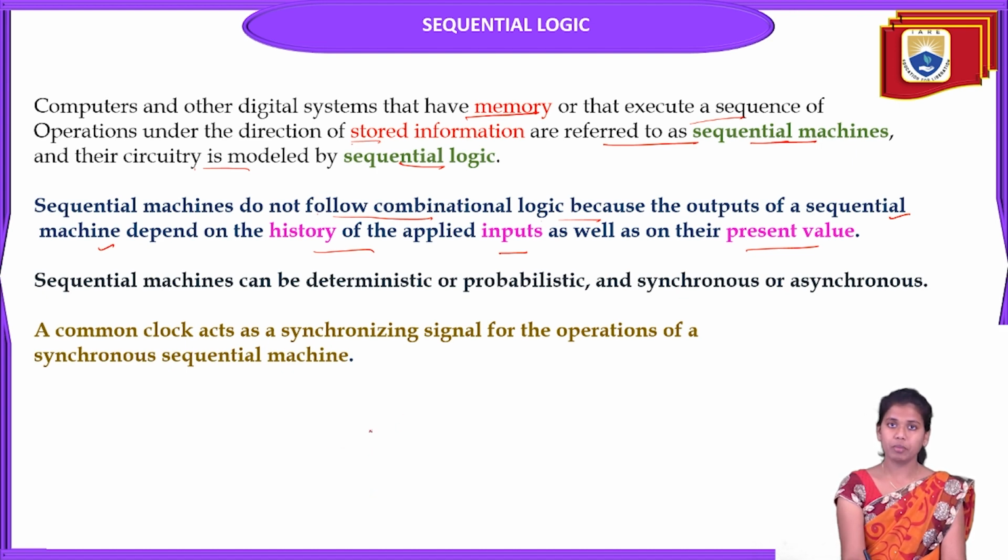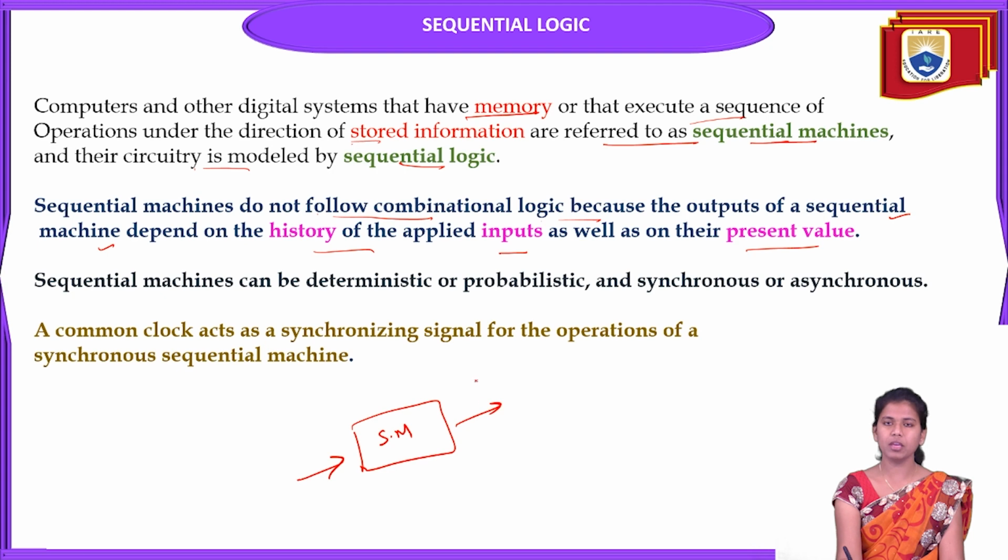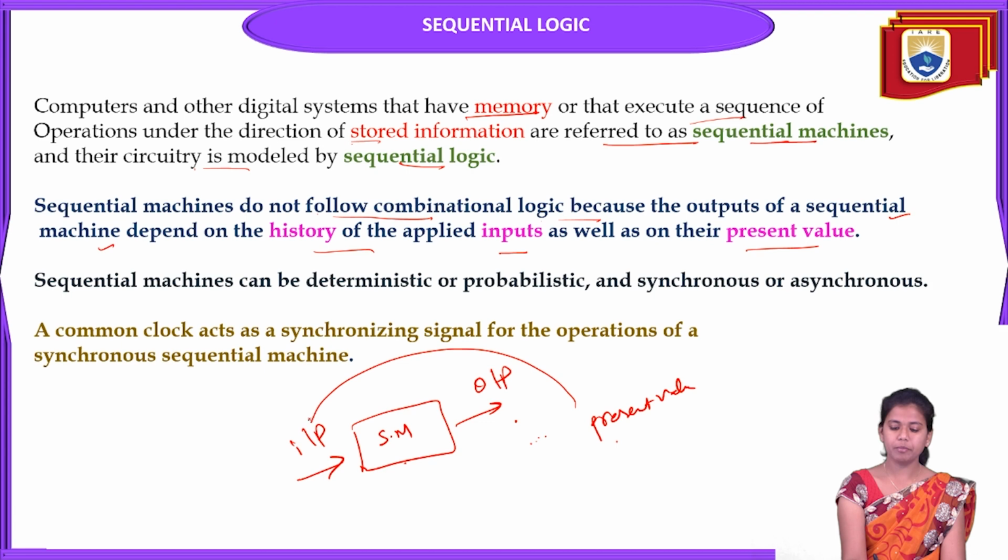Because for example, if this is a sequential machine, it has some inputs and it has some outputs. The reason is that the output of the sequential machines depends on the present value of the applied inputs, as well as on the past history of the applied inputs.